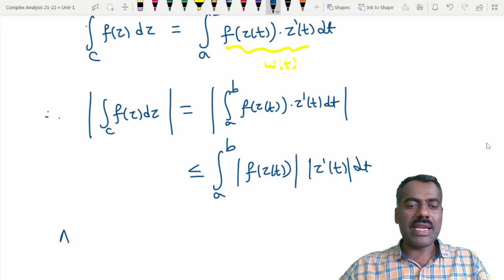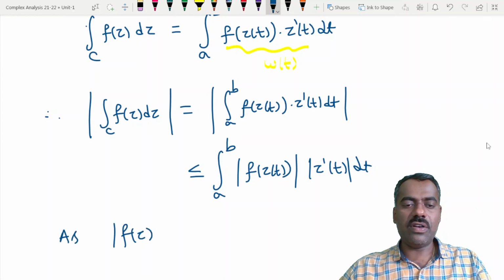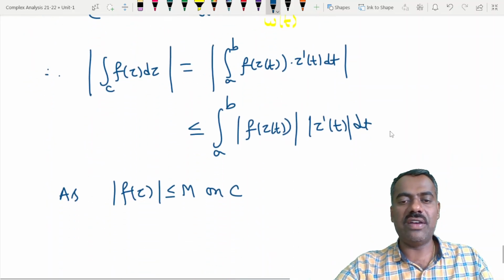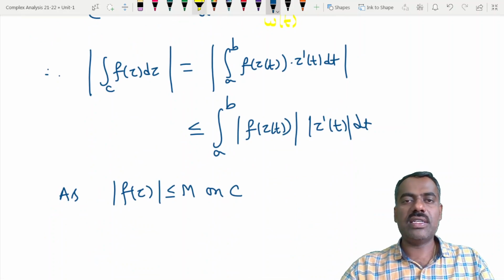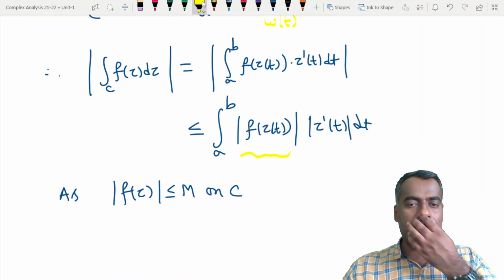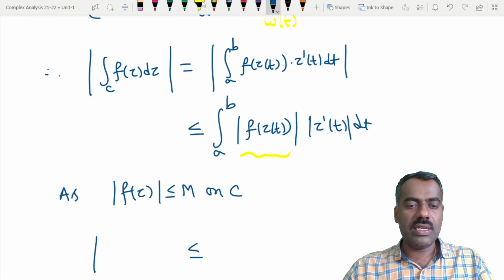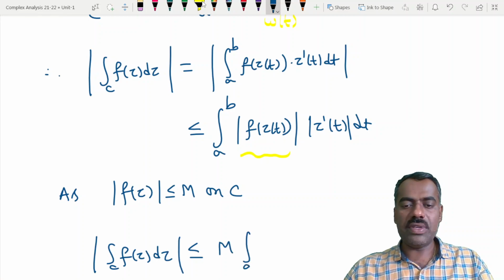But we can observe that mod f of z is less than or equal to M, and C is z of t. So this is less than or equal to M times the integration from a to b of mod z dash of t dt.